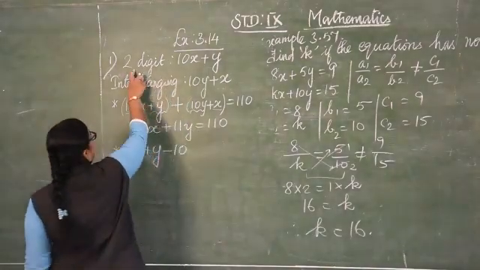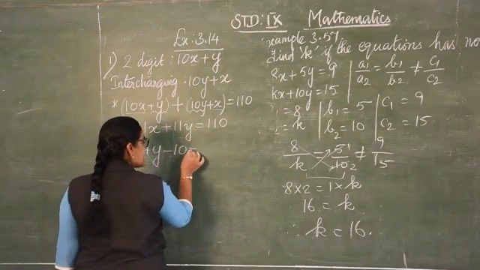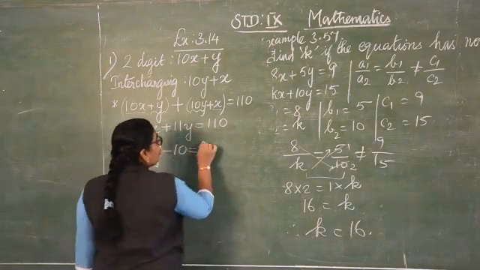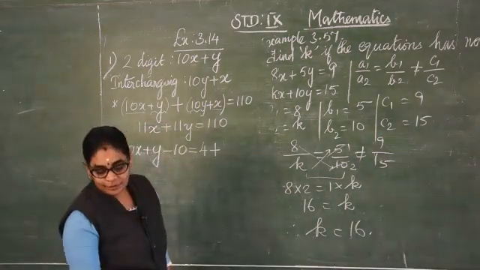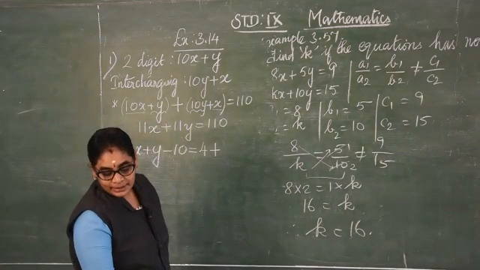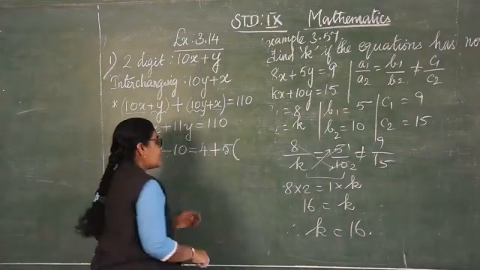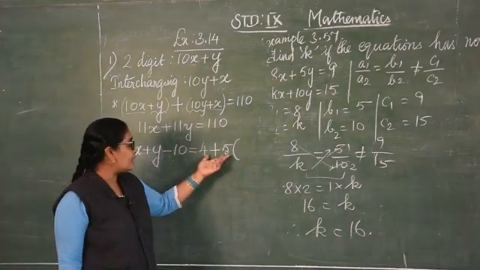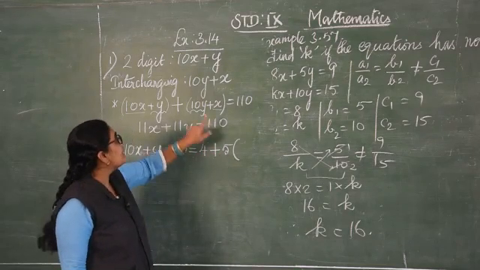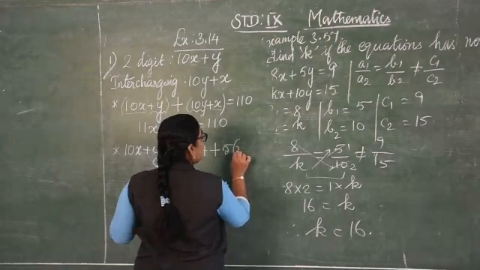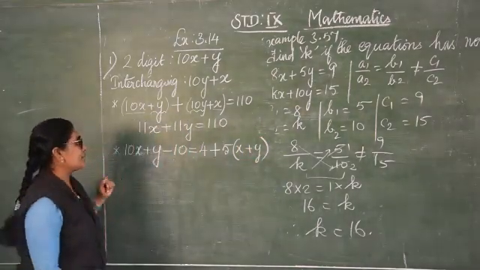The digits alone. What are the digits? These digits. This is equal to 4 more than, we are adding 4 more than 5 times. How to write the expression, you learnt in your 6th standard. So 4 more than 5 times the sum of the digits, only the digits. This is your second equation.